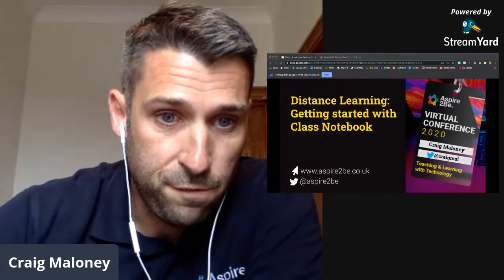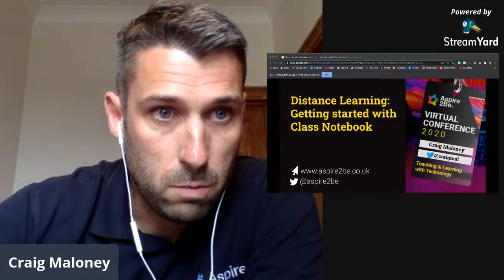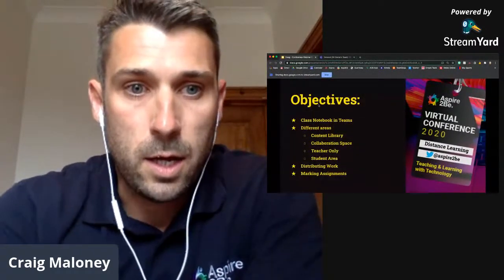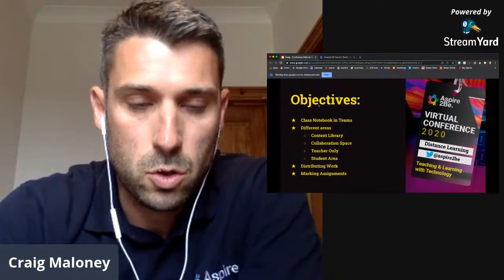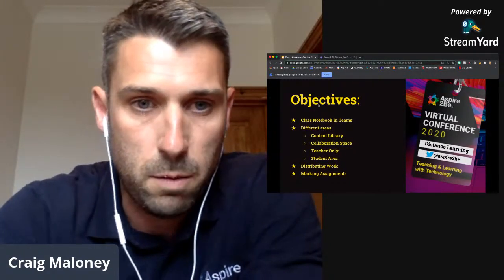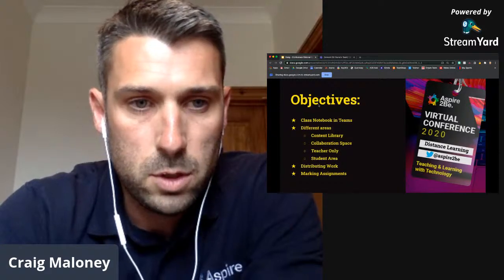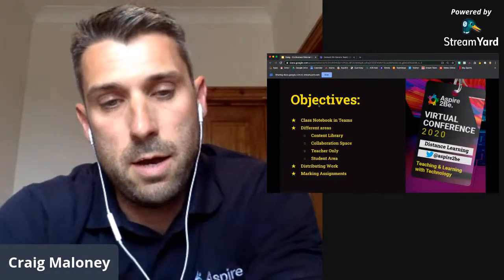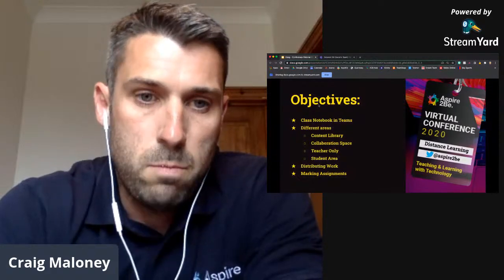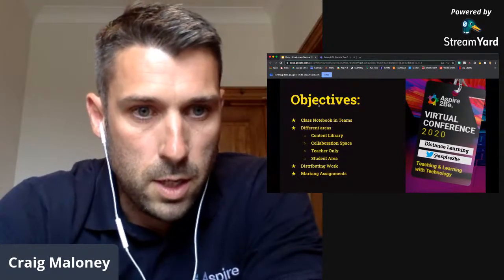So we're going to start off. The objectives we're going to cover are Class Notebook in Teams. If you've just come from Dean's webinar on Microsoft Teams, Class Notebook is available via Microsoft Teams, so we're going to go through how to set it up.